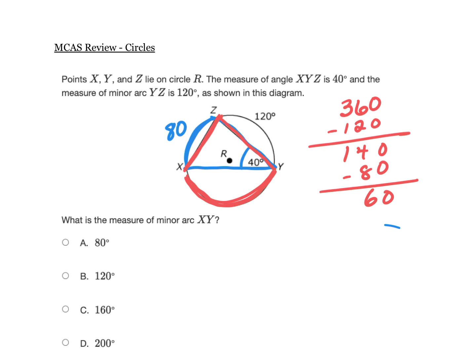3 minus 1 isn't 1, it's 2. So my apologies. But 14 minus 8 is 6, so my remaining part of the arc is 160.